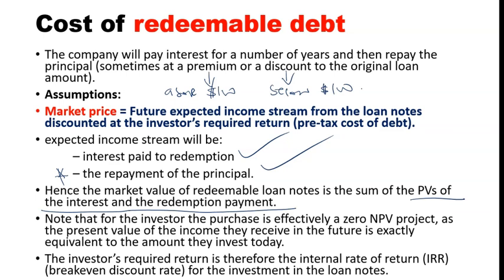The investor's required return is therefore the internal rate of return, the IRR, or the break-even discount rate for the investment in the loan notes. And by now you must know that the internal rate of return is that discount rate that gives us the NPV of 0.